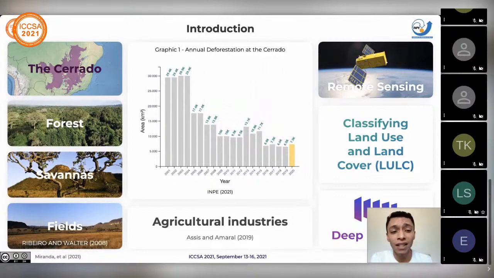Well, these activities are monitored by space research institutions, such as Brazil's National Institute for Space Research, which observe the Earth through satellite images that perform tasks such as classification of images about land use and land cover using different strategies, and more recently, deep learning techniques. Among all, convolutional neural networks.